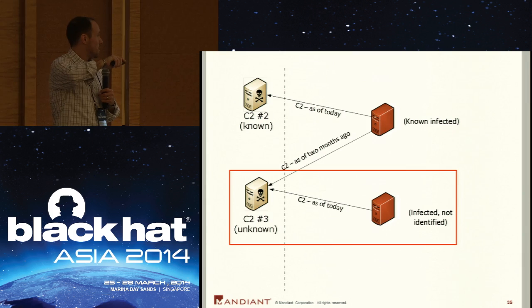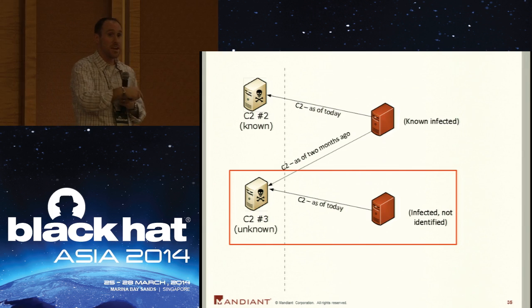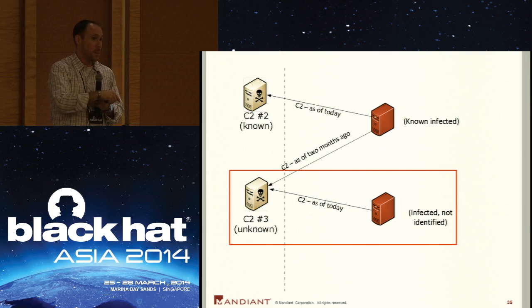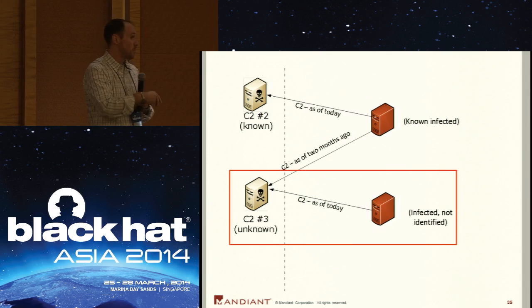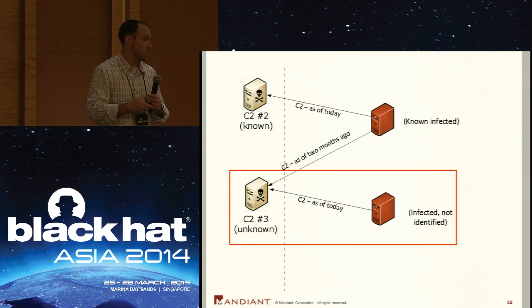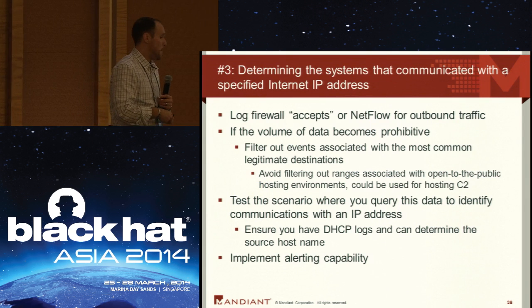Today it's pointing to a different one. But maybe there's an additional system here that you don't know about that is currently communicating with this command and control, and you just got that IP from historical information. So my point is you want to be able to also leverage information back in time to look for systems that you may have otherwise missed.